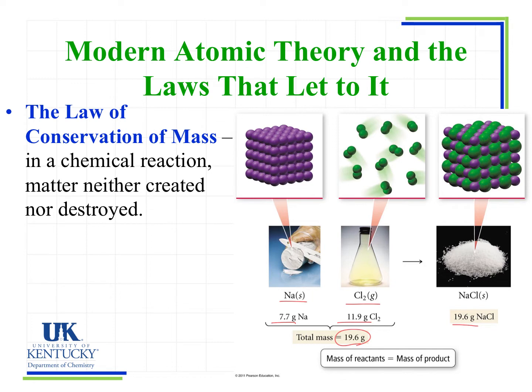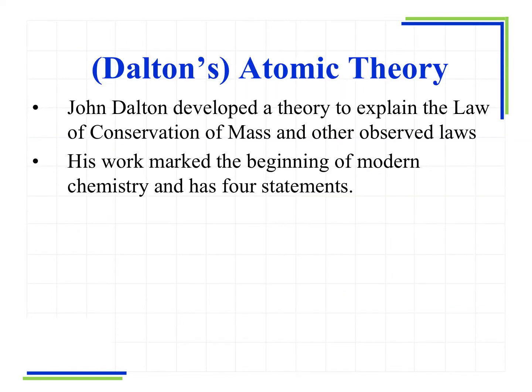Then scientists started to make some hypotheses and come up with theories about why this is happening. It was John Dalton who came up with the atomic theory. It's called Dalton's theory or just atomic theory. He came up with a theory to explain the conservation of mass and some other observed laws.